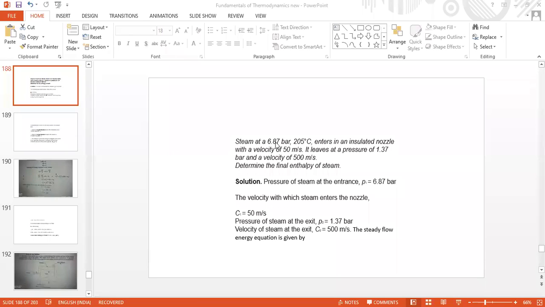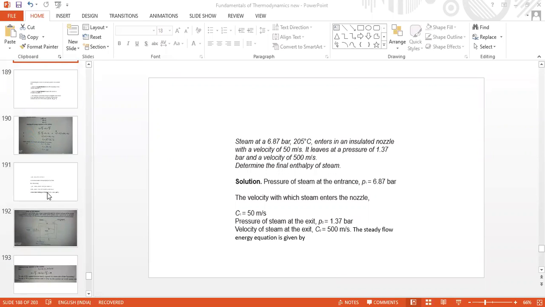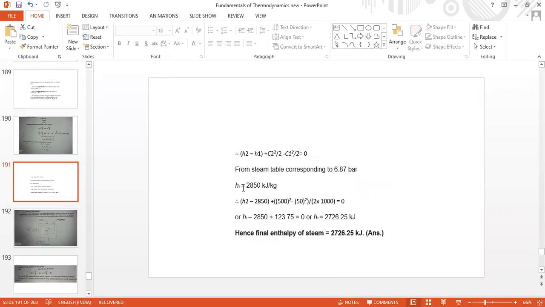Now corresponding to 6.87 bar and 205 degrees centigrade, the value is 2850. Now you must have realized how to look into a steam table whenever it is given. Of course, there is 200, 250 and so on. So at 200 you can read, not exactly at 205. In that way, you have to justify; you need not waste your time while looking into steam tables.